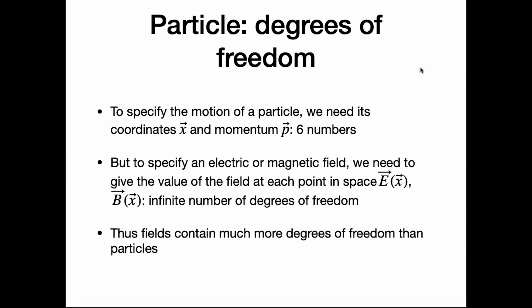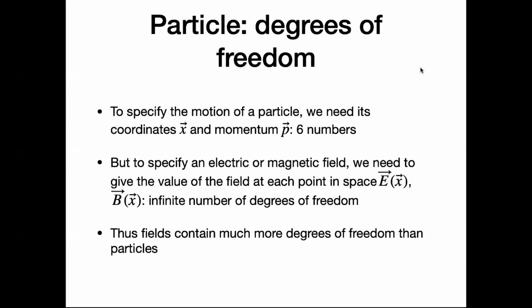So there is a great discrepancy between the number of degrees of freedom contained in a particle and the number of degrees of freedom contained in the field. In order to specify the state of a classical particle, we need to specify its coordinate, x, in 3-dimensional space, that is 3 numbers, and then its momentum, which is p, or velocity. So 6 numbers completely determine the state of a classical particle. On the other hand, in order to specify an electric or magnetic field, we need to give the value of the field at every point in space.